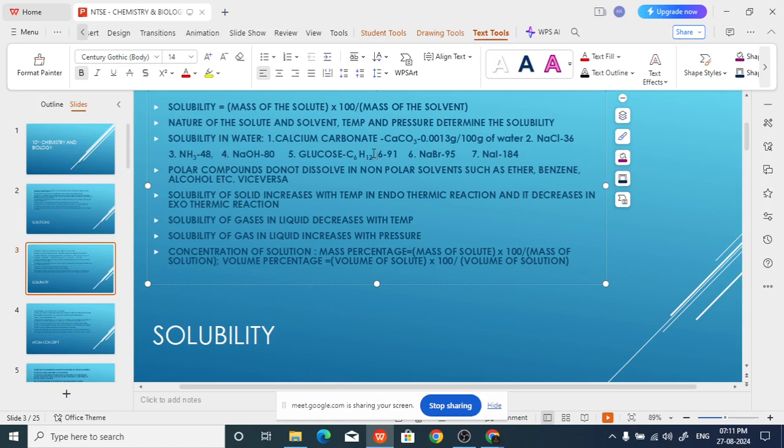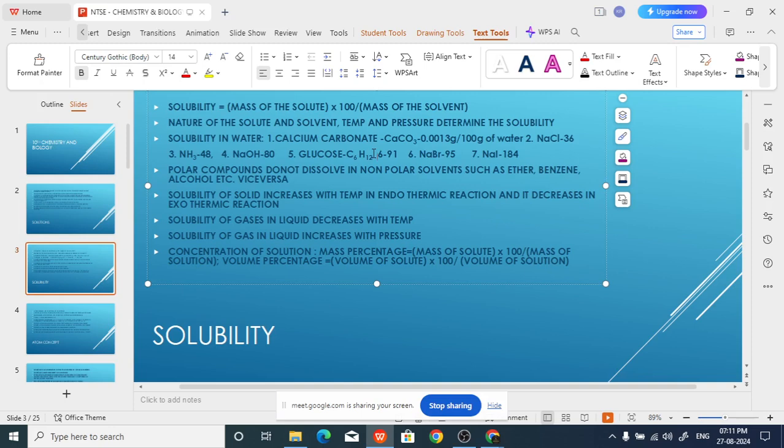Solubility of solid increases with temperature, that we know: when you increase the temperature, you can dissolve more solute. Endothermic means that which takes heat inside. It decreases in an exothermic reaction, where it releases heat.